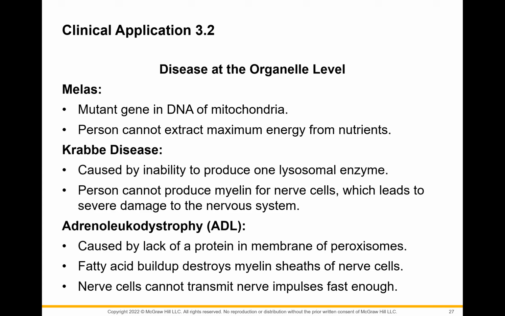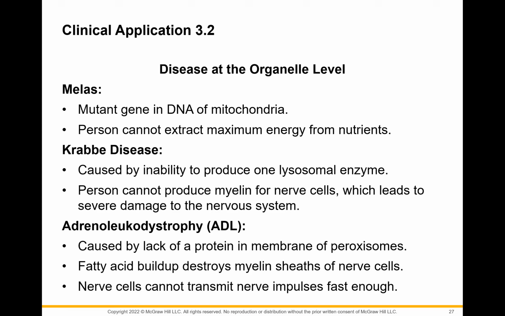We have Krabbe disease, which is an inability to produce one particular lysosome. And because of that, they can't produce the myelin for their nerve cells, and it leads to severe damage to their nervous system. We also have a disease called Tay-Sachs disease that does something similar, and it's due to an issue with the lysosome not being able to properly break down a particular ganglioside.